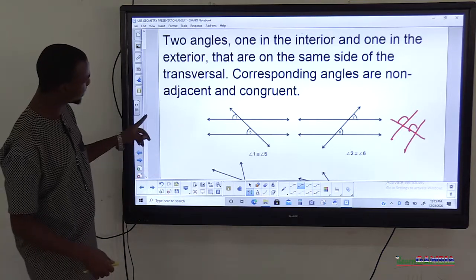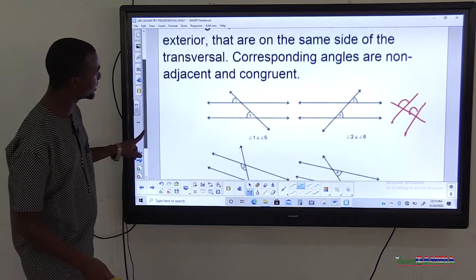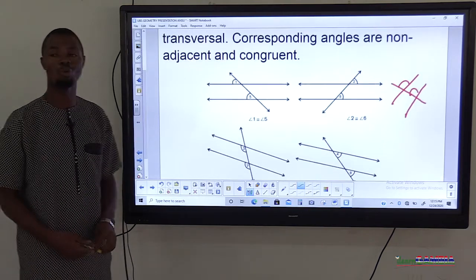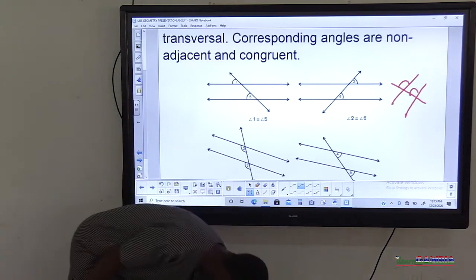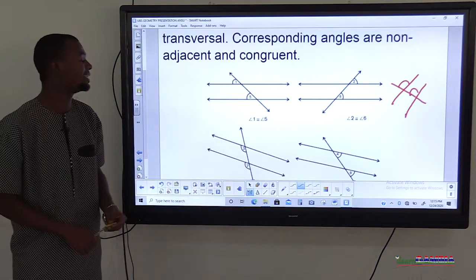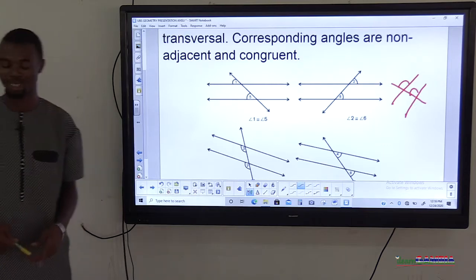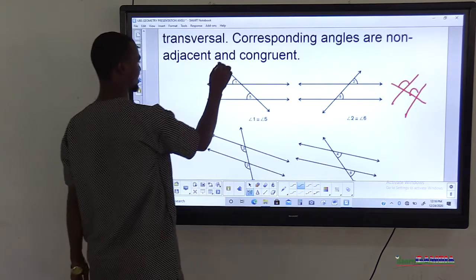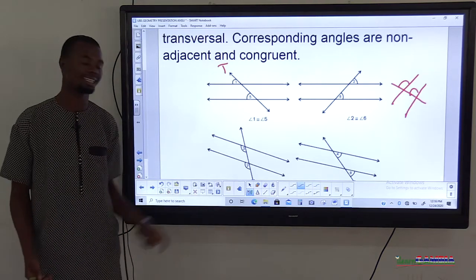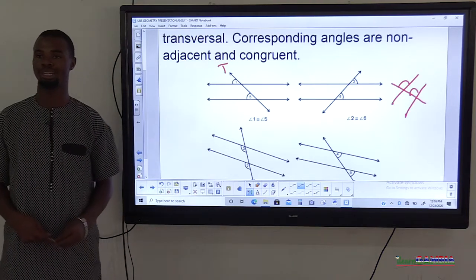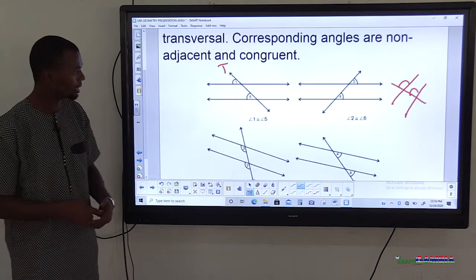An example of that we have in our diagrams here: angle 1 and angle 5. Angle 1 is an exterior angle, angle 5 is an interior angle, and they are on the same side of the transversal T and non-adjacent, so they are corresponding angles.